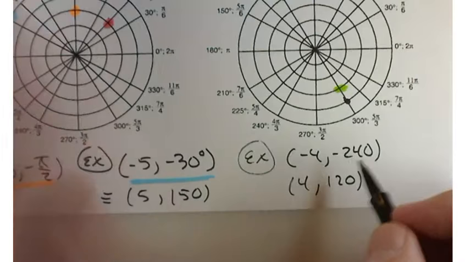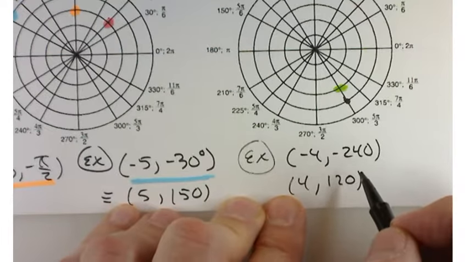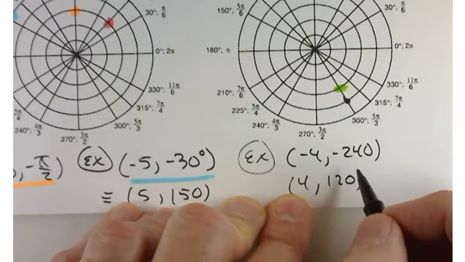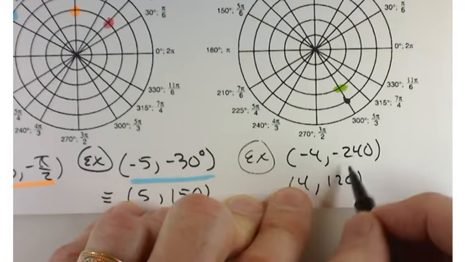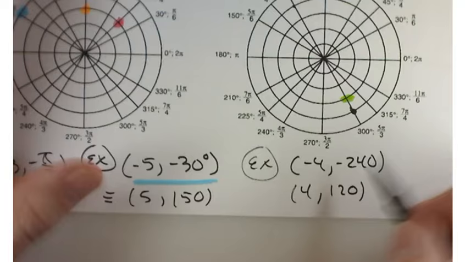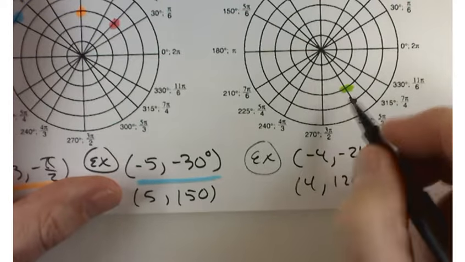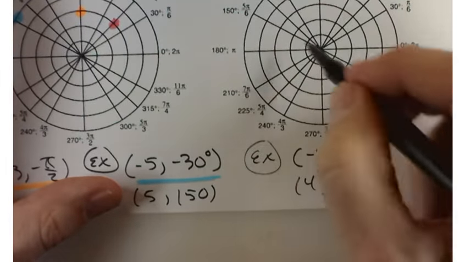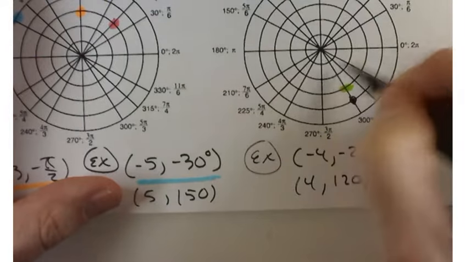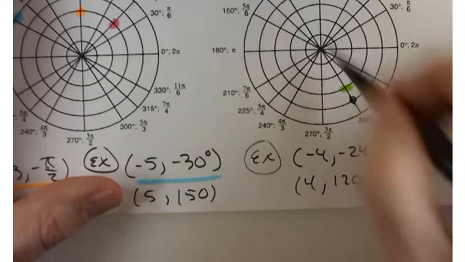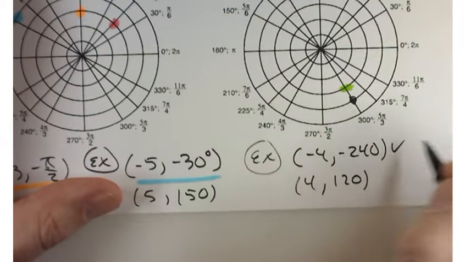So equivalently, oh wait, did I do that right? Yeah, we're down here, right? Yes. So negative 240 puts us here, negative 4 would bring us down here. So that's this one.